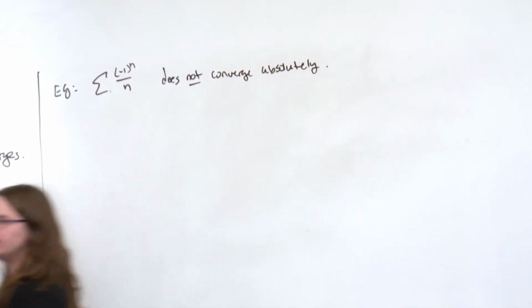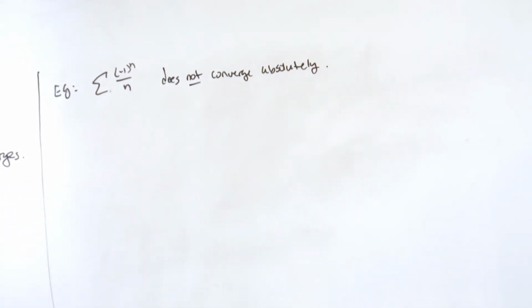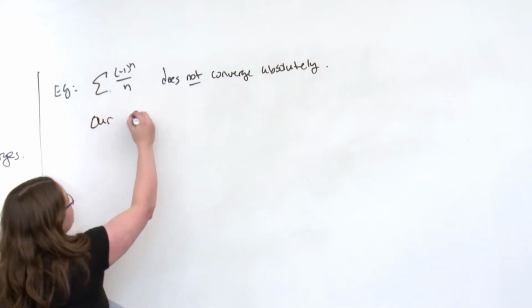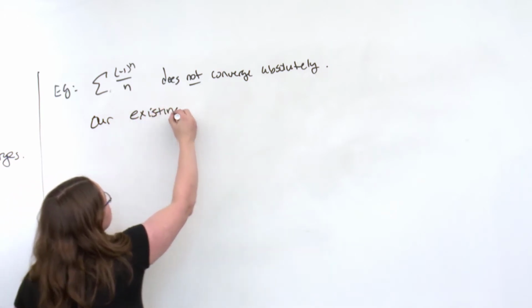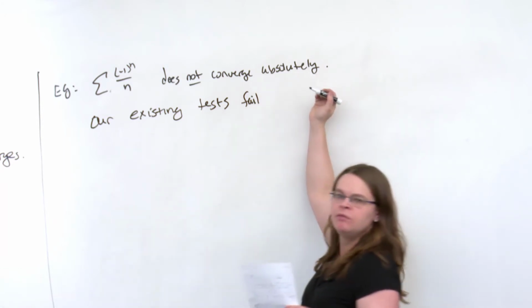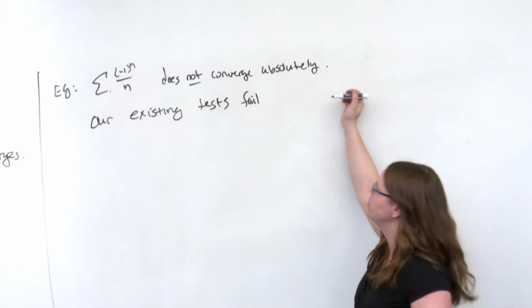We have terms, we add them up. If they're all positive, they grow. But now with the minus, there's the potential for cancellation. They might grow, they might not. We're not sure. And none of our other tests are going to tell us how to deal with this, because all of our other tests start by assuming all the terms are positive. And we know if we make the terms positive, then we're toast. Our existing tests will fail here. They fail to give us any information, one way or the other.